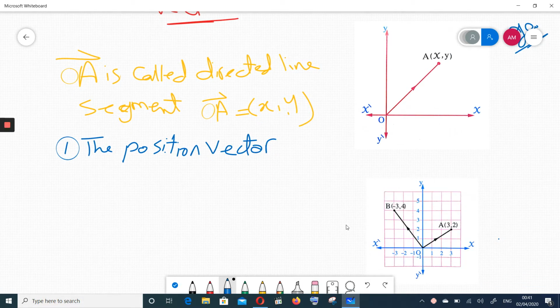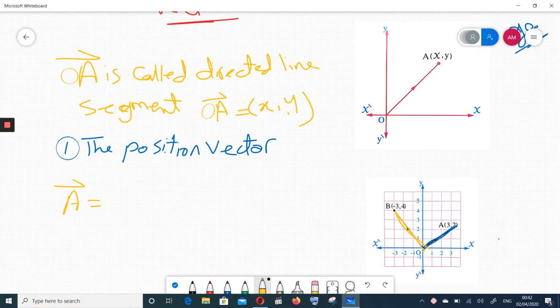We have a point A which is (3, 2), and point B which is (-3, 4). Now we have two vectors. The first one is from O to point A, and the second one from O to B. If we need to denote them, we denote them this way, because the starting point is the origin point, so we put it like this.